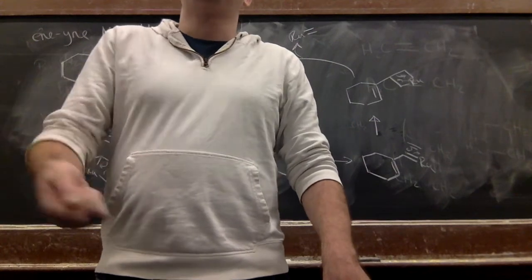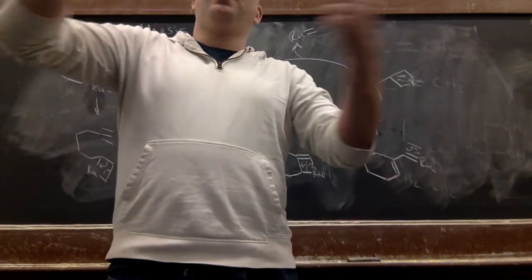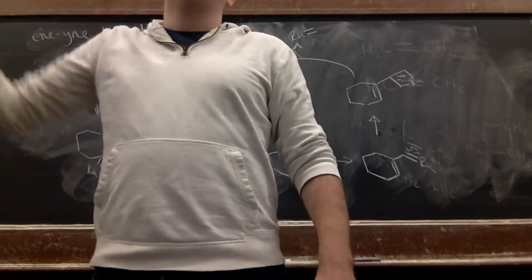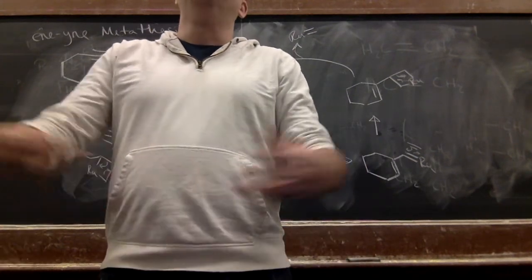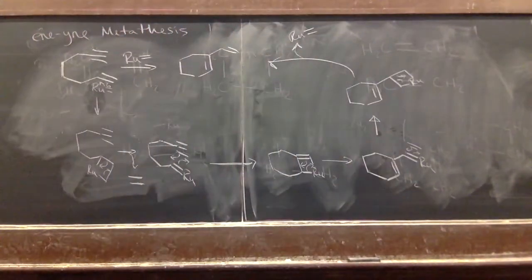Once the ruthenium's on there, it's much more likely going to see an alkene nearby in an intramolecular case than it is to see another molecule in the solution. So these reactions are often run under dilute conditions to keep that from happening. But you're right, that could be a possibility.